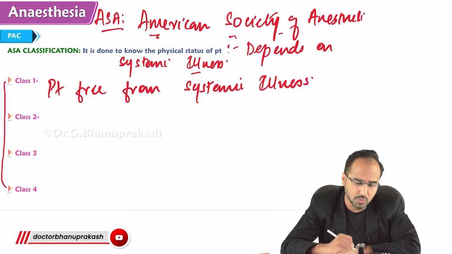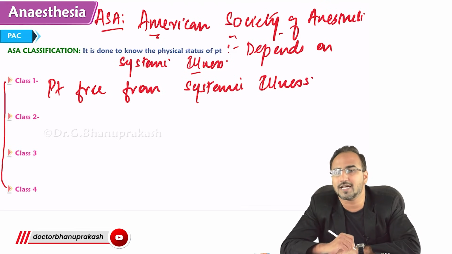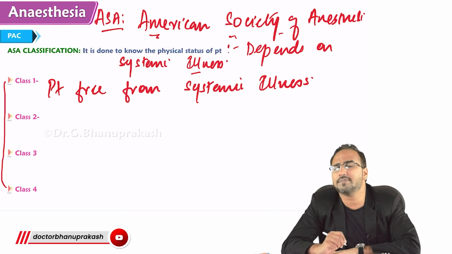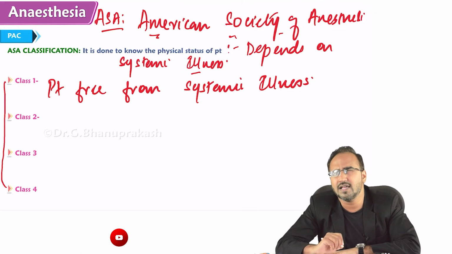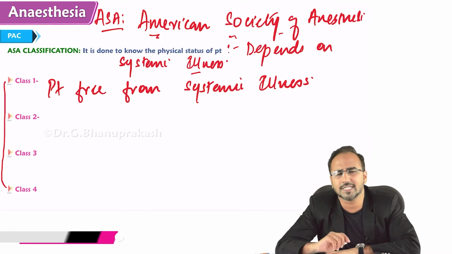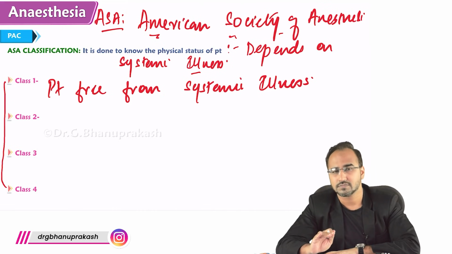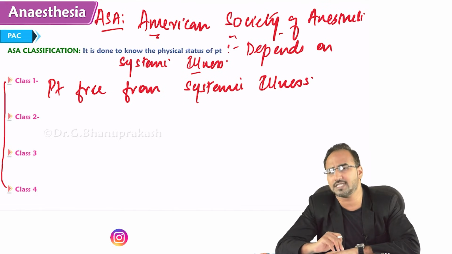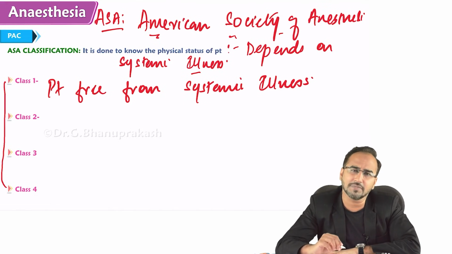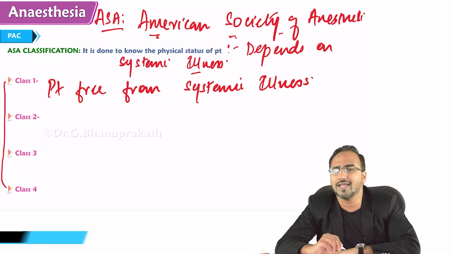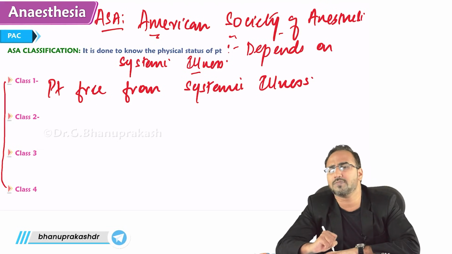ASA 2. When do you call it ASA class 2? A second patient comes to your clinic and tells the doctor, I have been diagnosed with hernia. We'll take hernia as an example for all the patients. I have been diagnosed with hernia, but I am suffering with diabetes. You take her fasting blood sugar level. Her fasting blood sugar level comes as 90. You take her post-lunch blood sugar level.